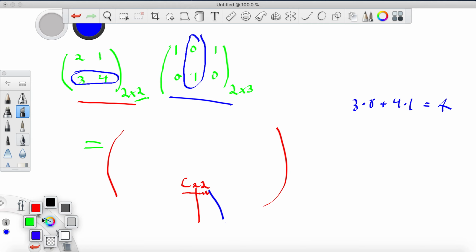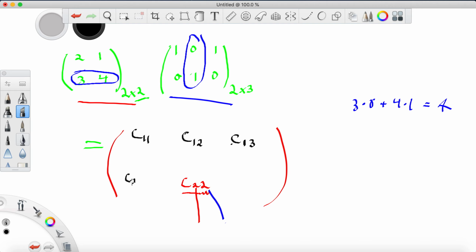Okay, so let's do another example. What about C13? If you're wondering how I'm getting these, I just haven't filled it in yet. These are all the entries that are possible, because remember, the new matrix picks up the dimension of the outside elements. So that would be 2, 3. So there's going to be 2 rows and 3 columns.